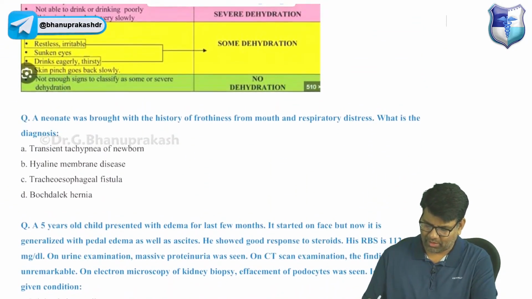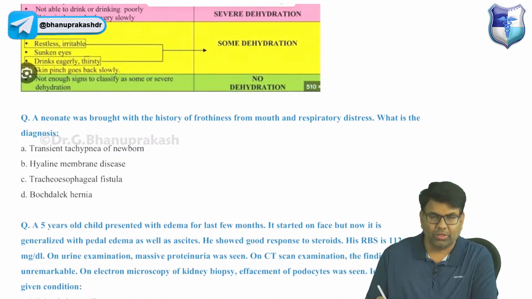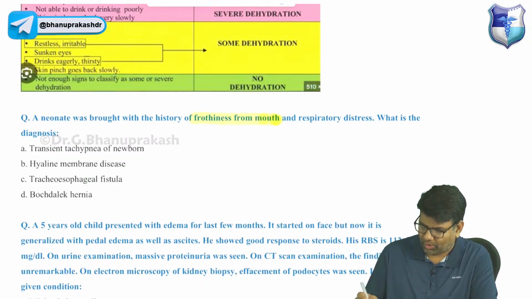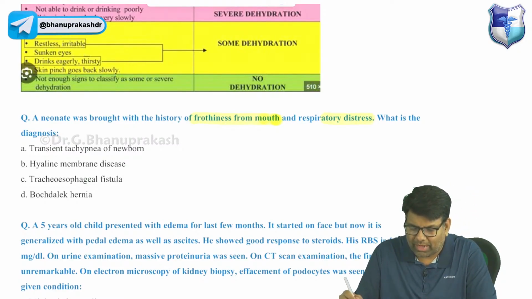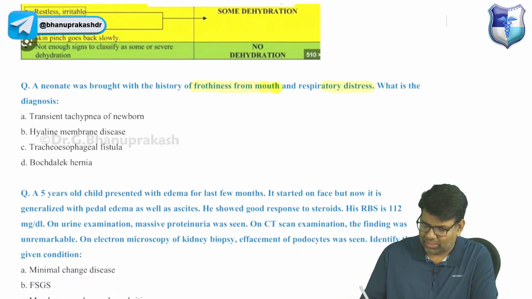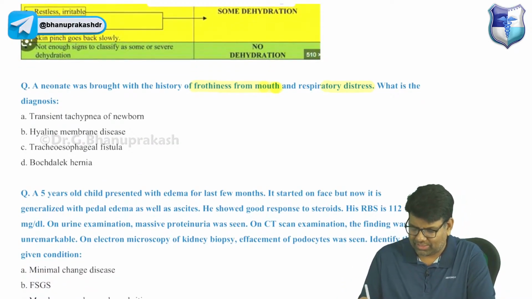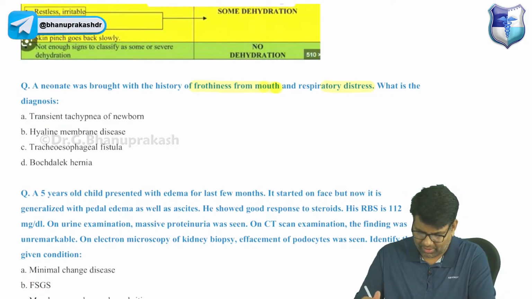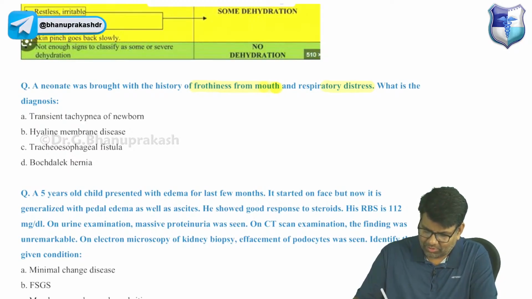Now next question. A neonate was brought with a history of frothiness from mouth and respiratory distress. What could be the diagnosis? Frothiness from mouth and respiratory distress. This question we have already discussed, but the framing was a little different. Yes, Raghu, you are right.